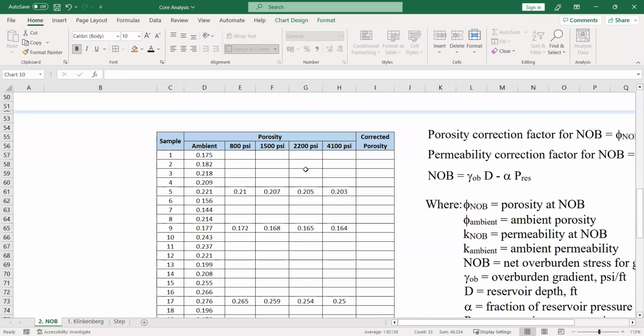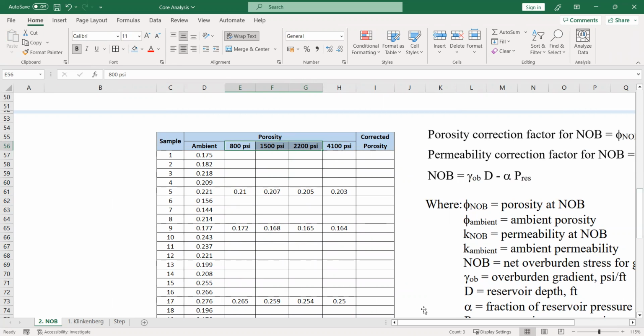Okay, and then the table here, we know the ambient porosity. And we also know the overburden condition: 800, 1500, 2200, and 4100.